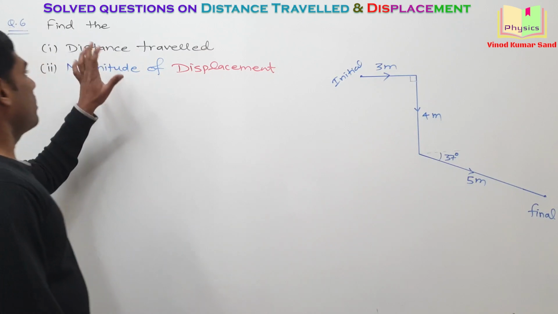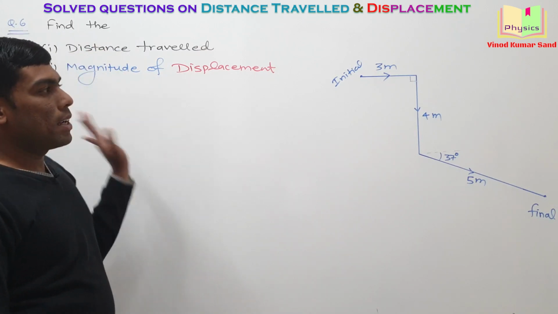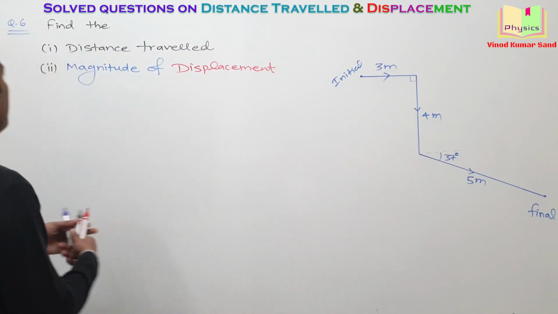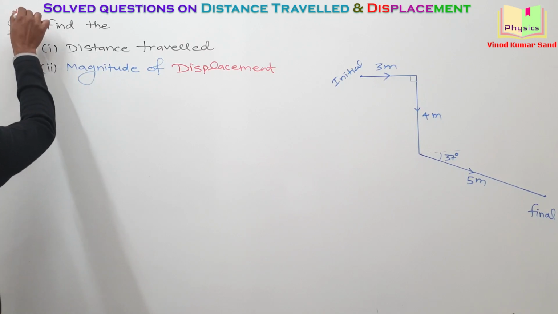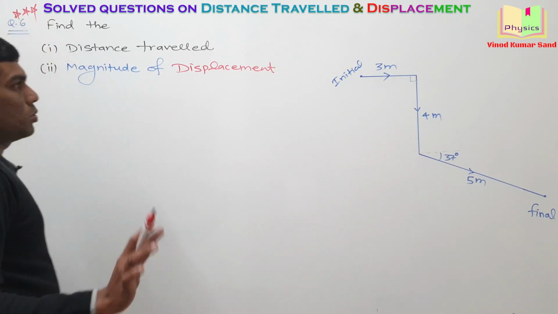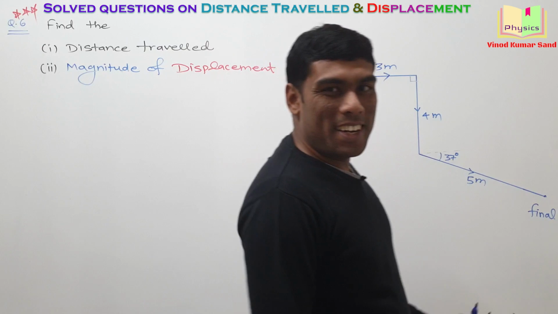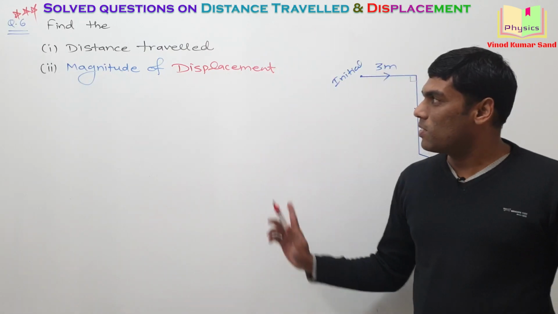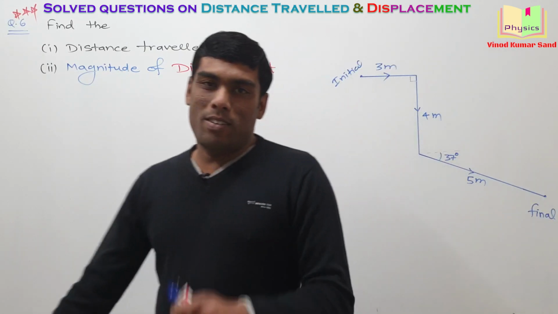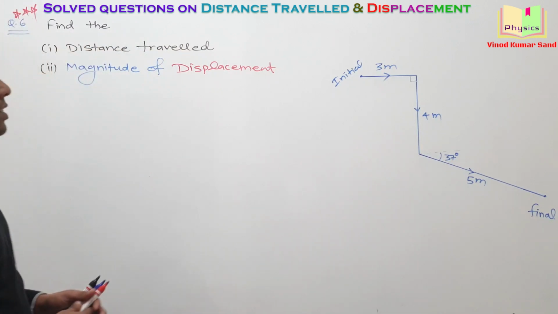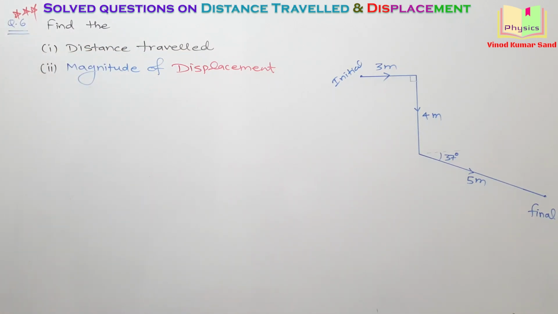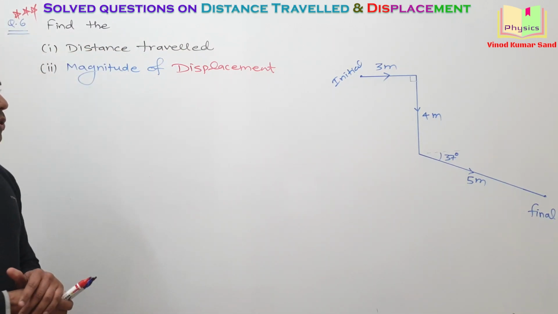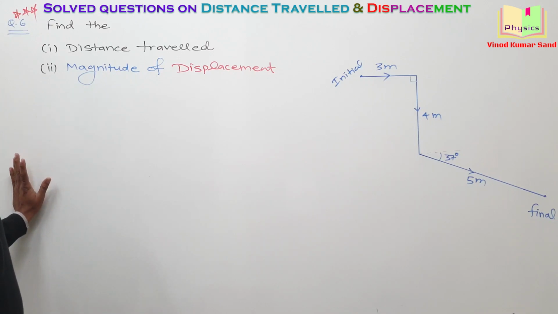You need to find the distance traveled as well as the magnitude of displacement. It's a super question. So you may pause the video here and give it a try yourself. Simple but very good question. I'm waiting for your answers in the comment box.